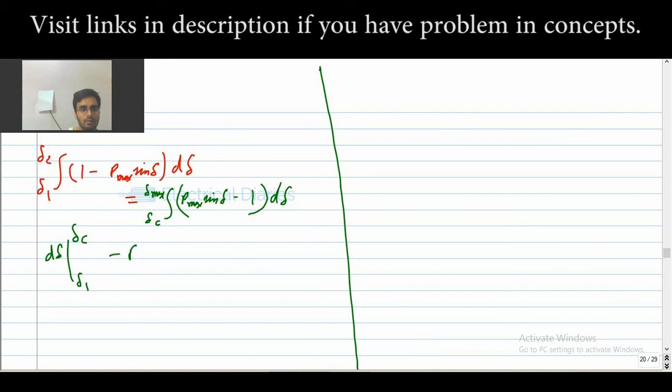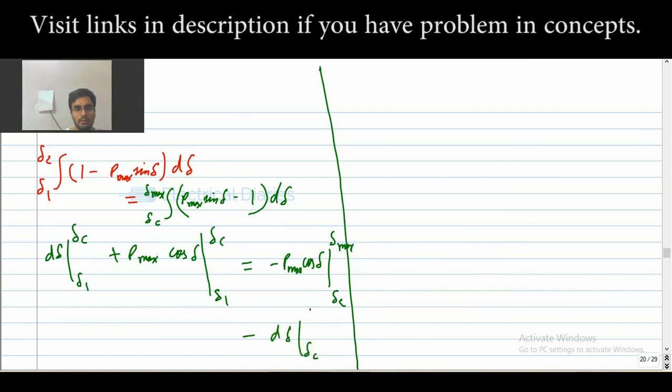It will be minus P max cos delta, since the integration of sine is minus cos, and your limits will be equal to P max cos delta, with limits delta C to delta max, minus d delta from delta C to delta max. On solving these expressions, you will get it in terms of P max.